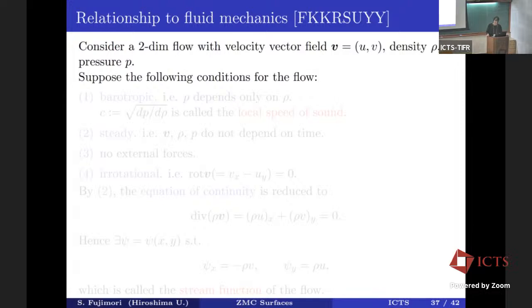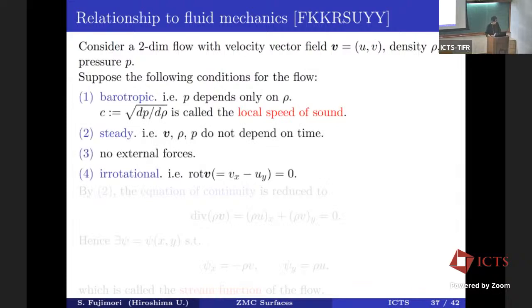So let me introduce it. But I'm really a beginner in fluid mechanics, so please don't ask any questions. I'll just introduce the equation. Okay. Consider a two-dimensional flow with velocity vector field v equal to (u, v). So u and v are functions of x and y. Okay. And density rho and pressure p.